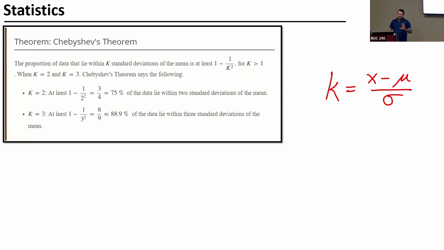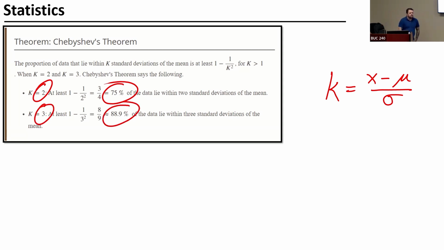Now remember, this is what Chebyshev's theorem says. If I have a data point, I'm going to give you a mean, and I'm going to give you a standard deviation. When you do the math to this, good news, in this class, it's always going to be a pretty number. I promise you. But notice, if I end up getting a 2, that's how much data is in between. If you end up getting a 3, that's how much data.